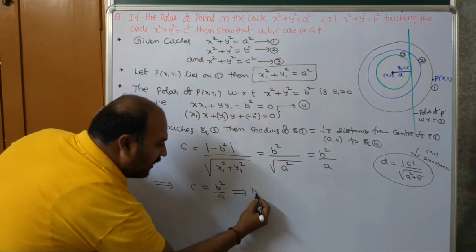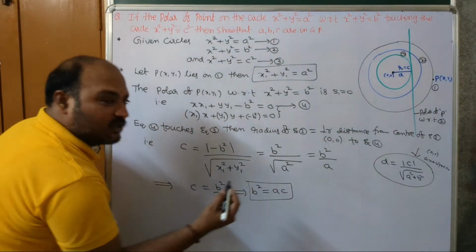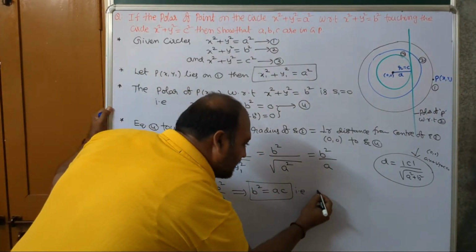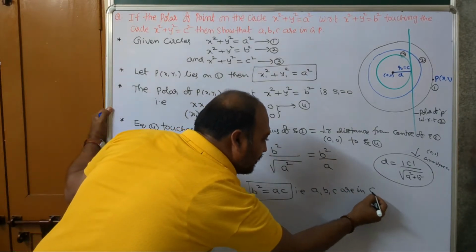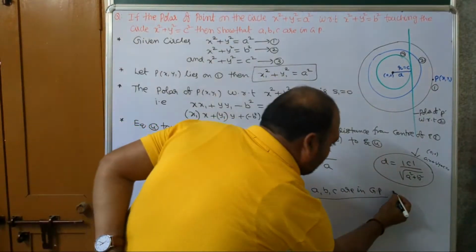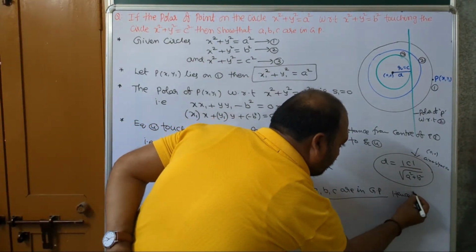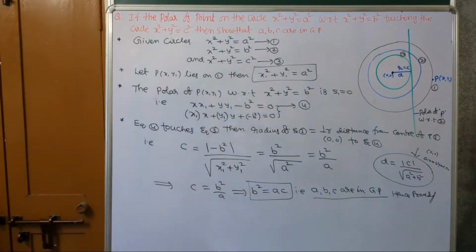Cross multiply: b square equal to ac. It shows that a, b, c are in geometric progression, or in GP. Hence we proved. Are you okay, dear students?